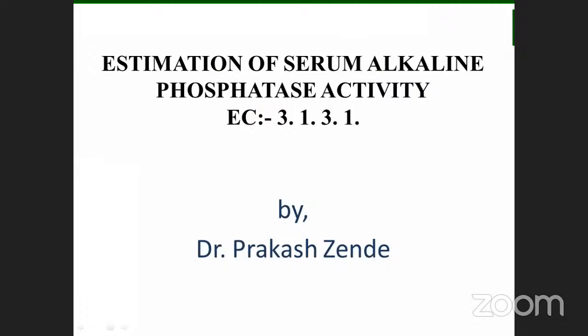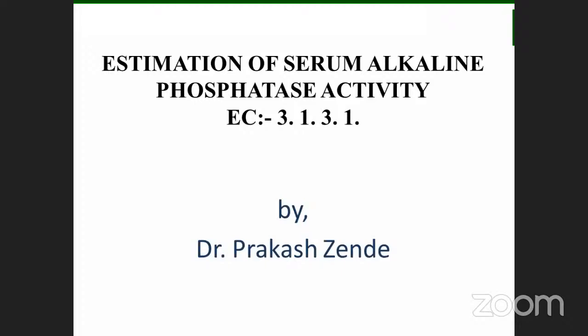Then today we are going to take one demonstration practical, and the name of that practical is estimation of serum alkaline phosphatase. All of you know how serum is separated. You know the difference between serum and plasma?